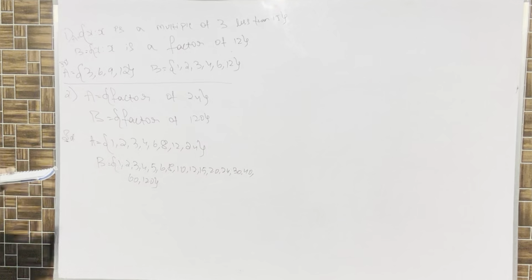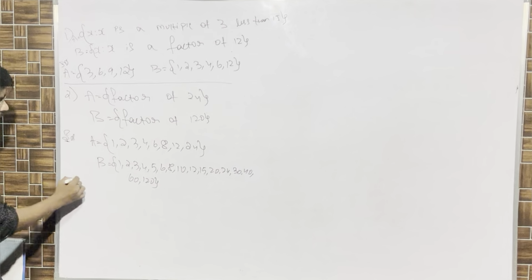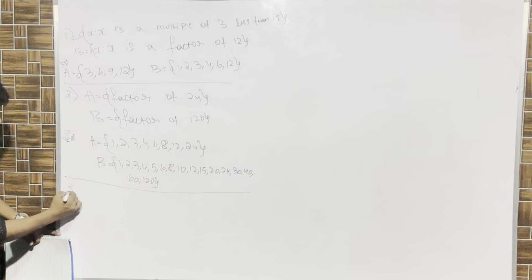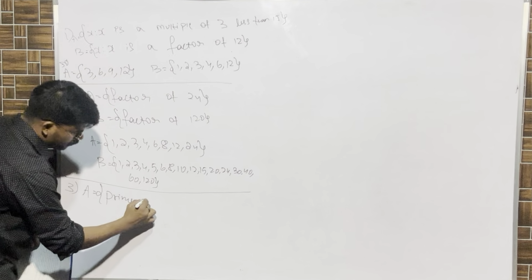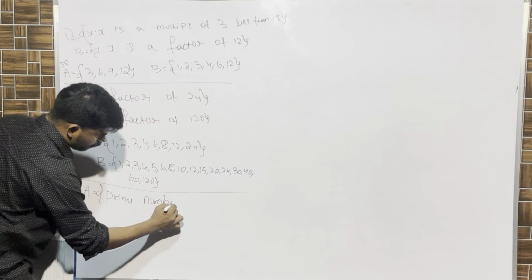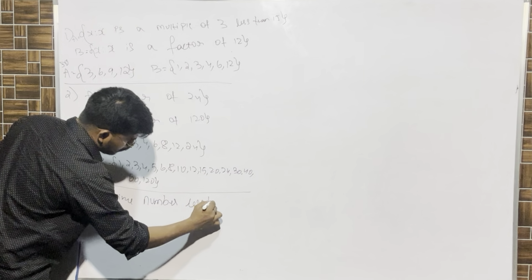Third question. Prime numbers less than 20: 2, 3, 5, 7, 11, 13, 17, 19. That's all.